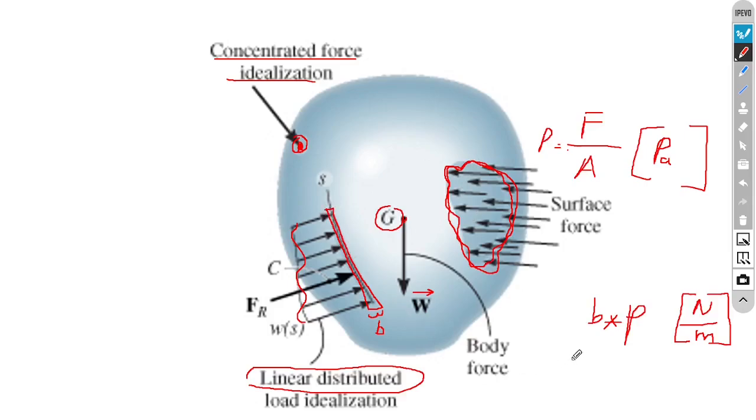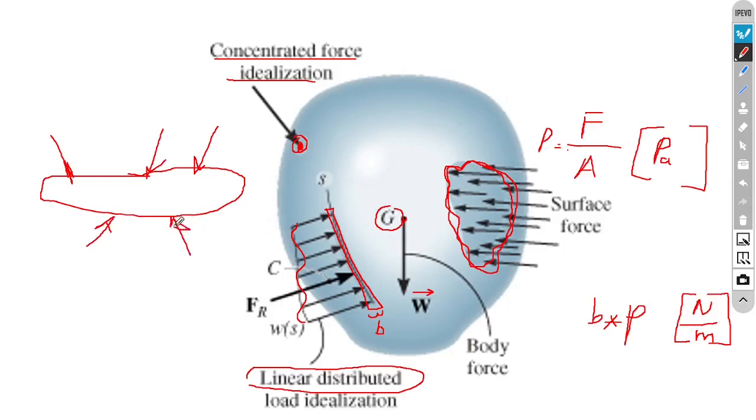Depending on the case, if we have the system with the concentrated loads, these are applied by the surroundings onto the system, then we can find the resultant of such a system.